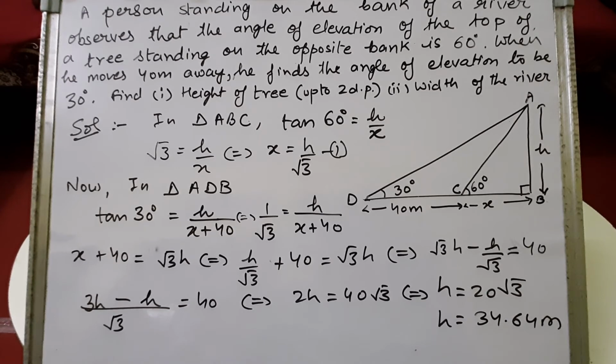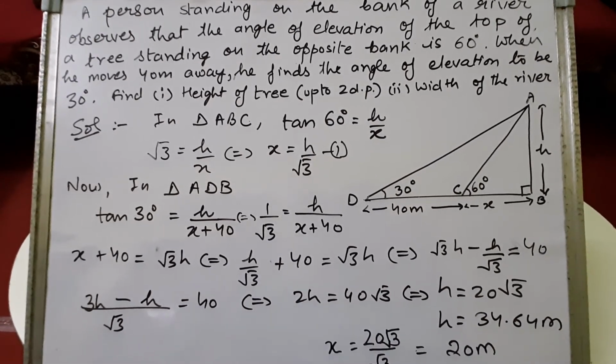Now children, take the LCM. Root 3 will be the LCM, and this will become 3h minus h upon root 3. So 3h minus h will be 2h. Root 3 cross multiplied here, it will become 2h equals 40 root 3. So when you find the value of h, it will be 20 root 3 or 34.64 up to 2 decimal places. Alright, children.